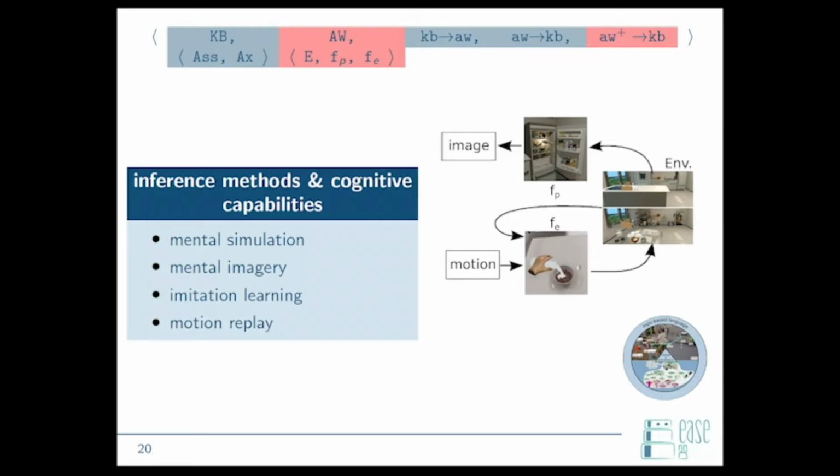So for that, mental simulation is an extremely important inference mechanism in humans, and it's also promising to equip robot agents with these capabilities.